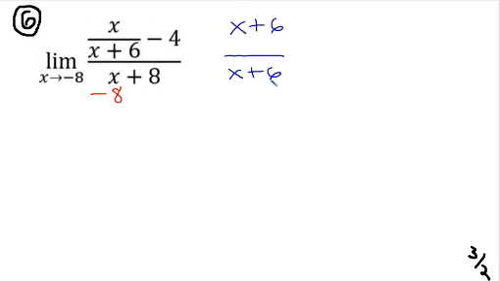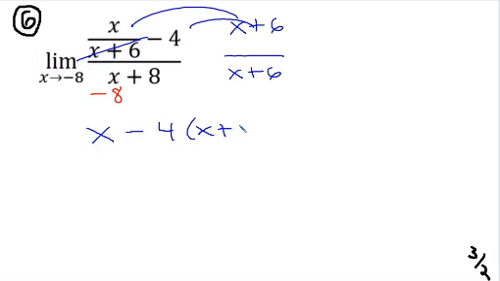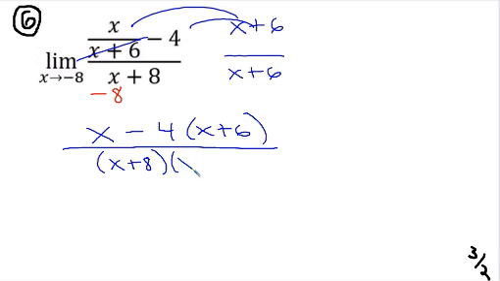Now, when I distribute this to both of these, then the x plus 6's cancel right here. All right? And I just have x minus 4 times the x plus 6. On the bottom, I have x plus 8 times x plus 6. And now we can work on re-evaluating the limit.